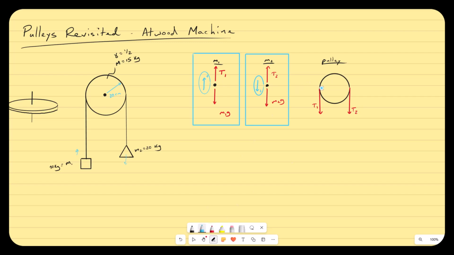T1 acts at a distance of radius of the pulley, as does T2. Block 1 moves up, block 2 moves down, the pulley rotates clockwise. Those are all positive motions.